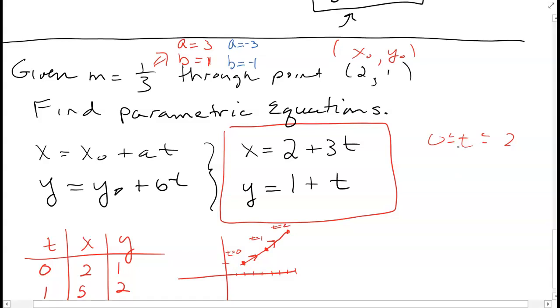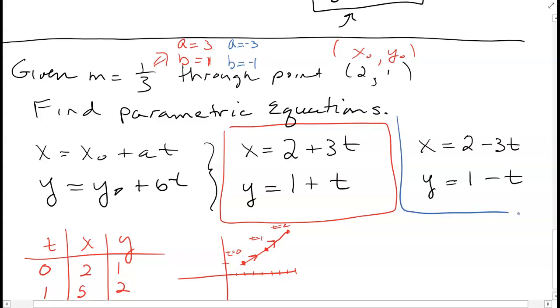And if that's the case, let me get rid of that for a second. Then could your parametric equations be 2 minus 3t and y equals 1 minus t? Still get a slope of 1/3.